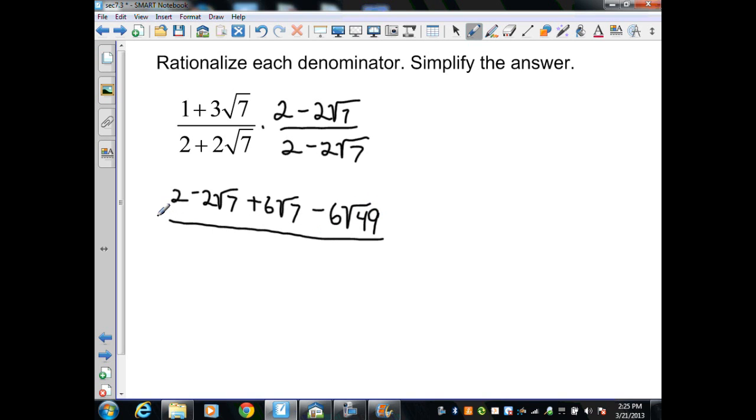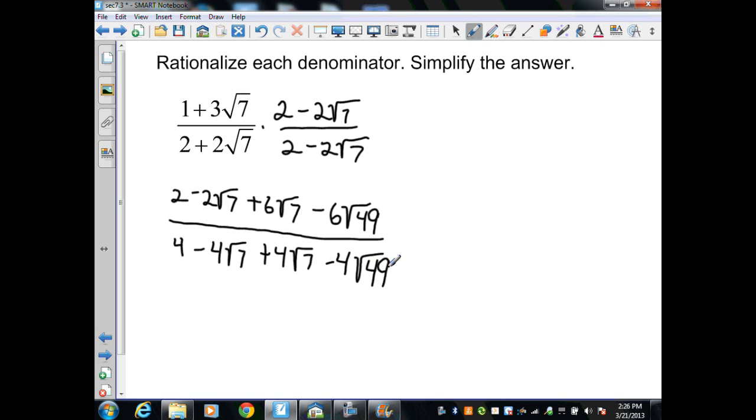Over, again, I'll FOIL on the denominator. First term is 4. Outer term is a minus 4 square roots of 7. Inner term is a positive 4 square roots of 7. And my last term is a negative 4 square roots of 49.